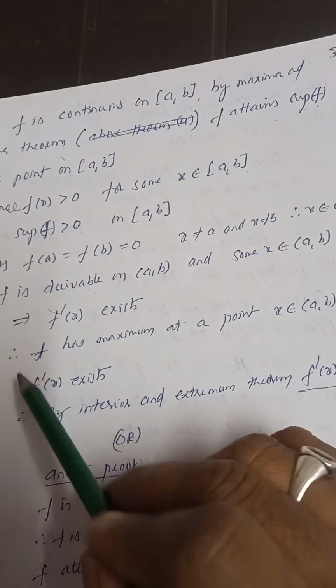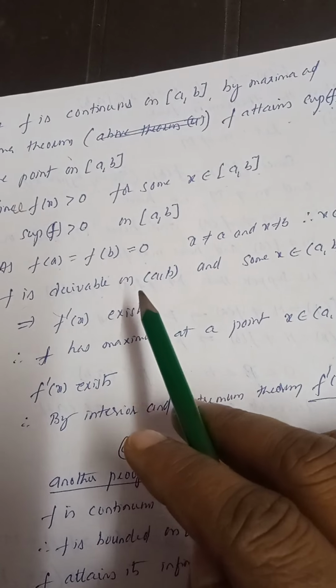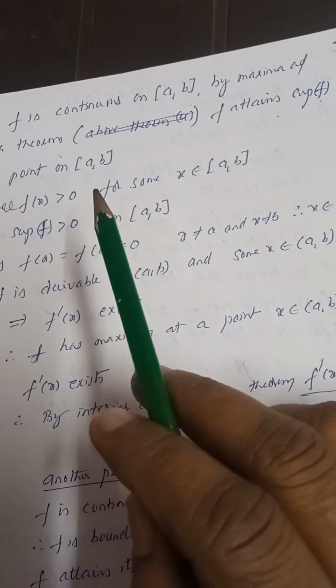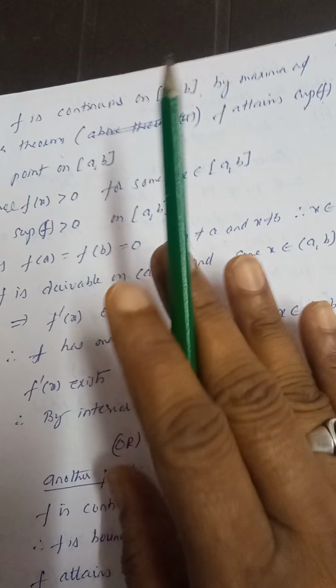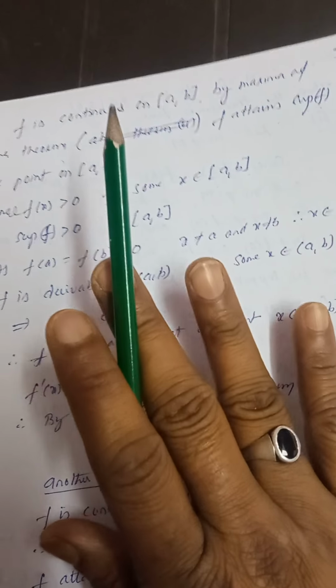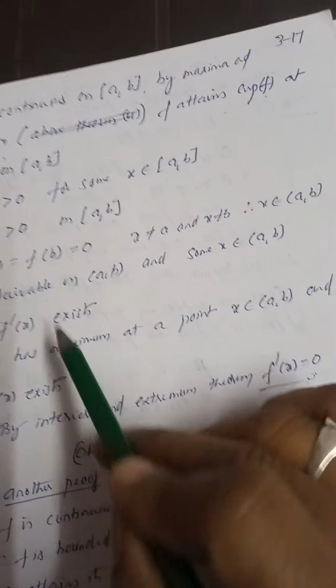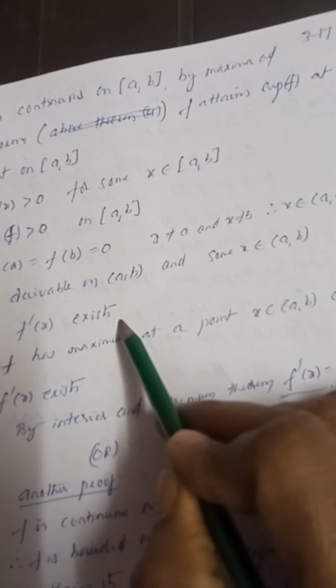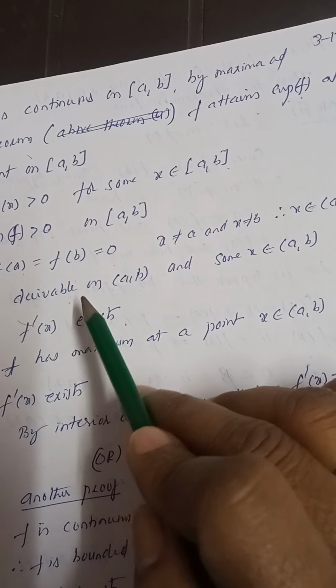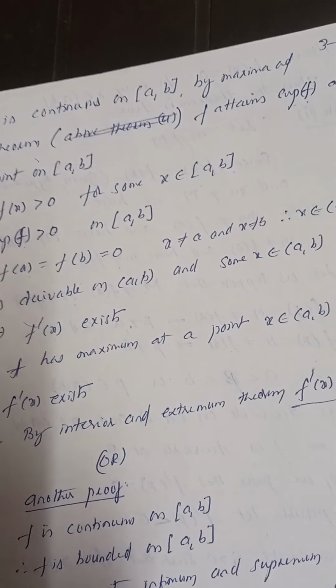This is also given. That means differentiation of f is possible. That means f dash exists at the values of x which lie in between a and b. F dash of x exists since f is differentiable. What is the definition of differentiable?